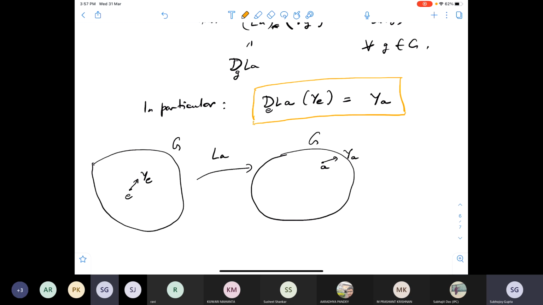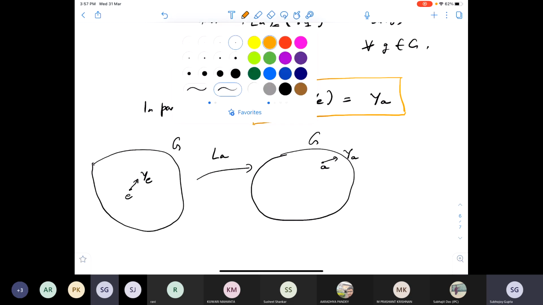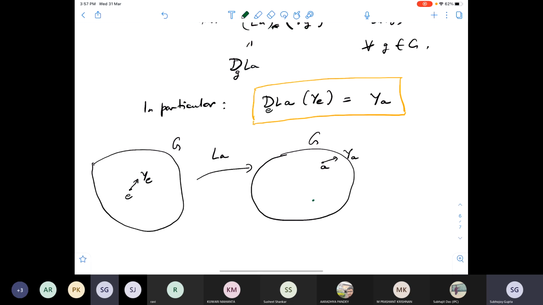So once you know what vector is at the identity, what Y_E is, you know it everywhere in the Lie group. Let's say I have another point B. What should be the vector field vector at B?